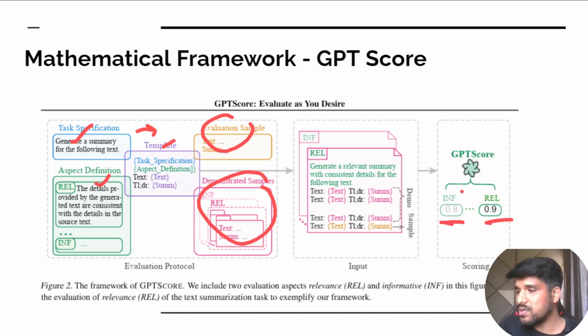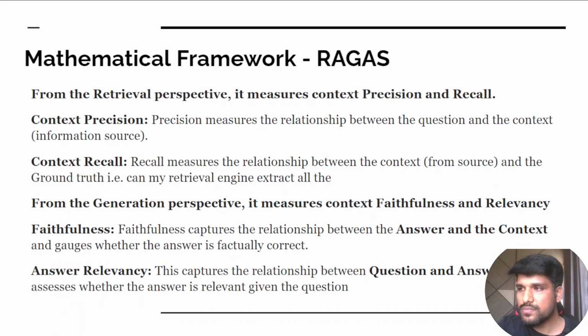Based on how much information, or how relevant it is, it will give the GPT score. I'll provide you the GitHub link of the GPT score. You can go through it, but this again requires a lot of explanation, so I'll create a separate video for that. But the GPT score is one of the evaluators you can use to calculate how good your generated output is.